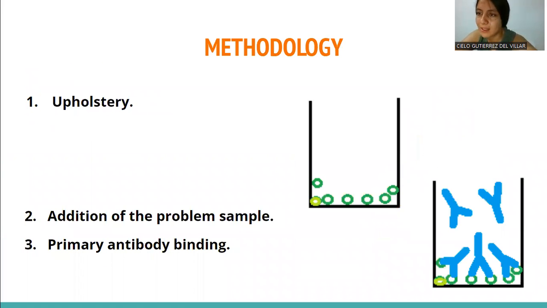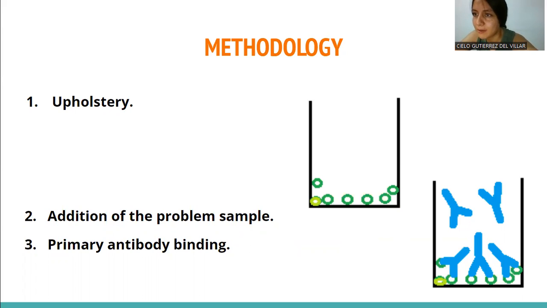Methodology. Indirect ELISA is a two-step process involving the use of a primary antibody and a labeled secondary antibody. The first step in performing this technique is to coat the well with the antigen. Then the sample is added with a mixture of antibodies.